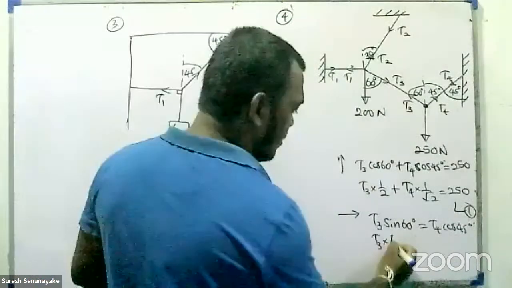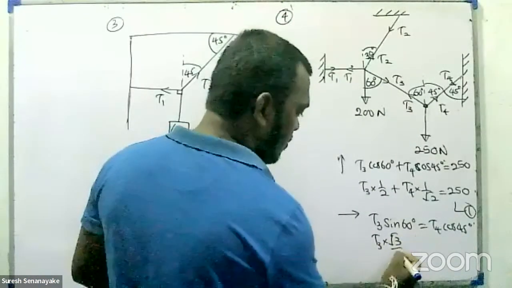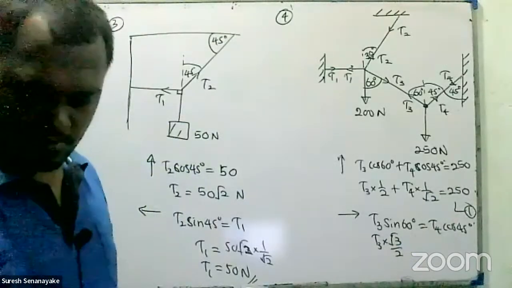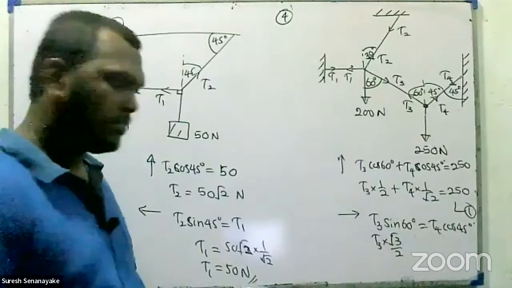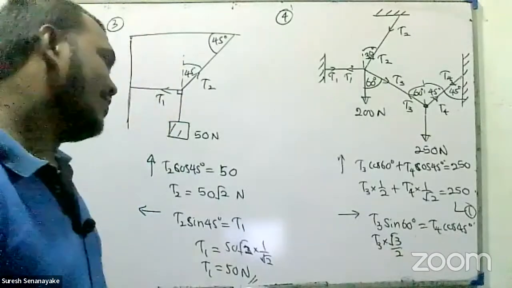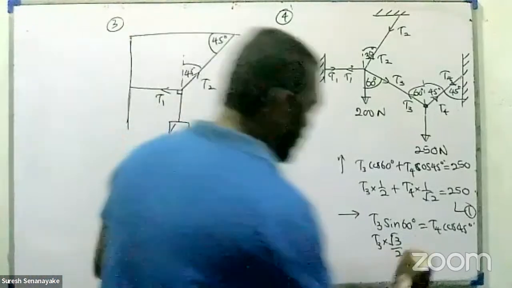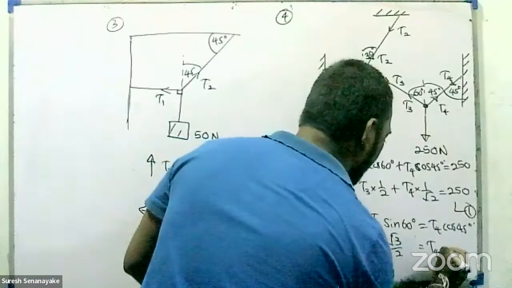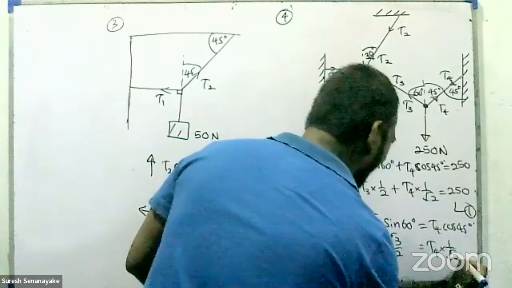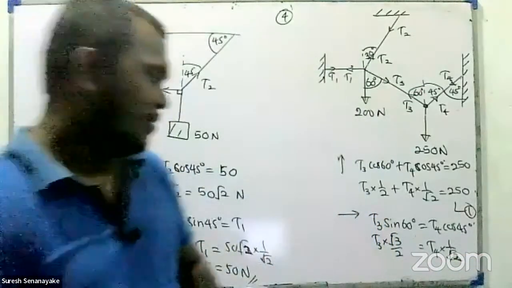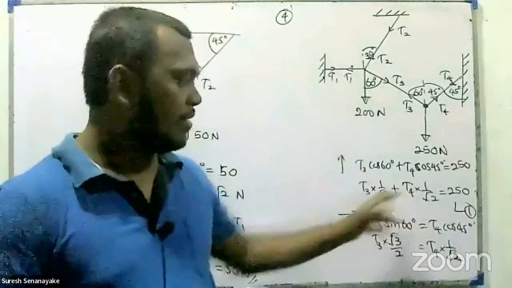This is T3, that's root 3 over 2, and then T4 is 1 over root 2. You can get the relation between T3 and T4 and then substitute here, then you can find it.